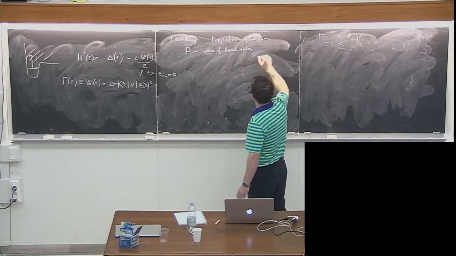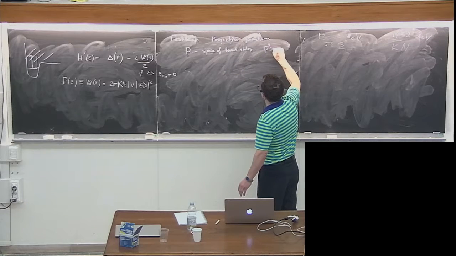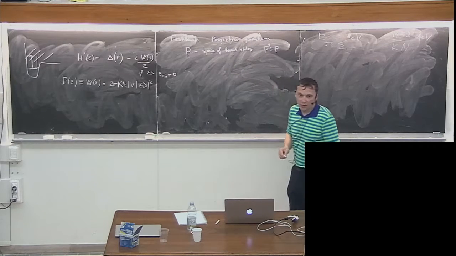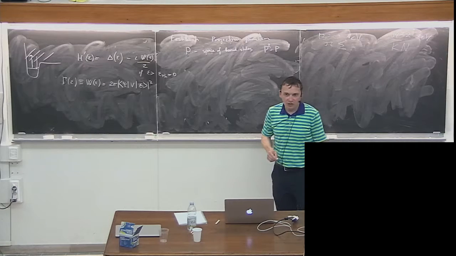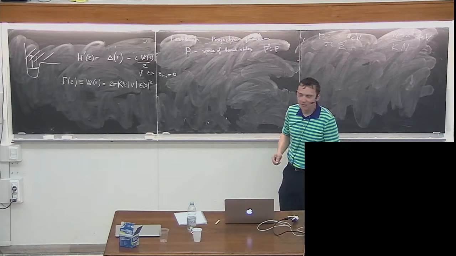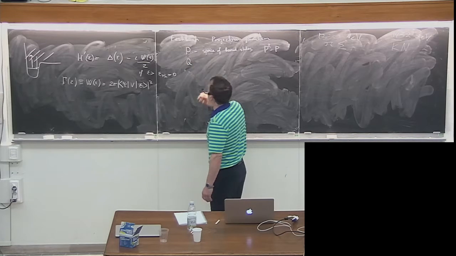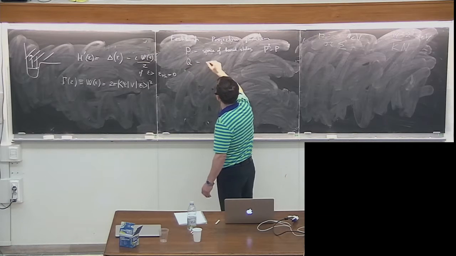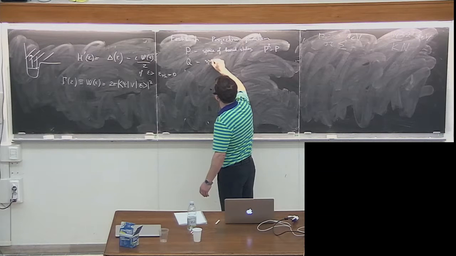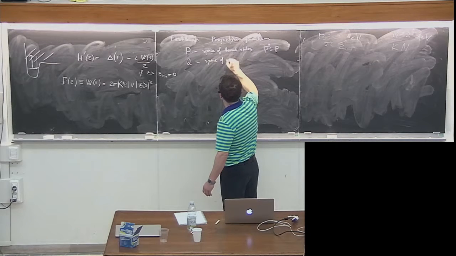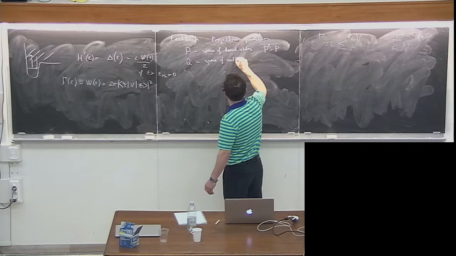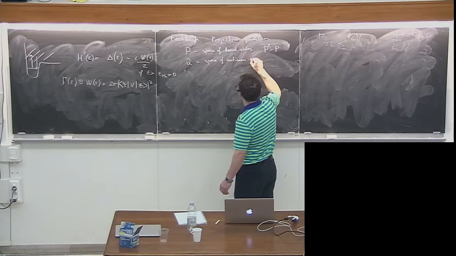So if it is a projector, then P squared equals P in terms of an operator. So projecting twice is equivalent to projecting once. Okay, and then there is a remaining space Q, which is the space of continuum states.